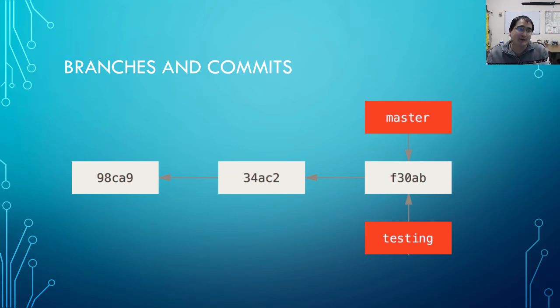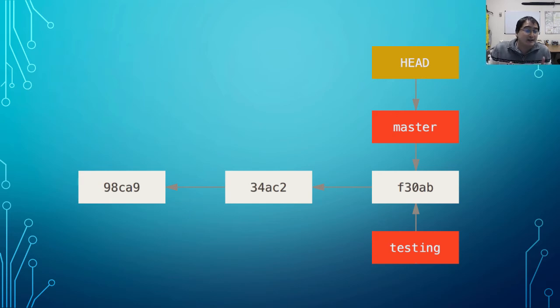Doesn't really matter for the purposes of this discussion here. And in red are various branches that point at a particular commit. So we have 2 branches, one called master and one called testing, both pointing at the same commit. Additionally, there's another little pointer called HEAD, which tells you which branch is currently checked out. So right now, we have the master branch checked out.